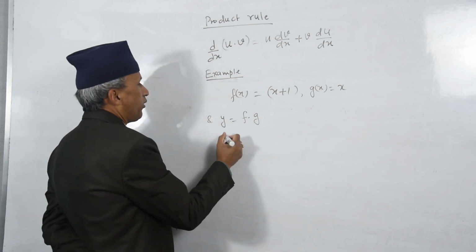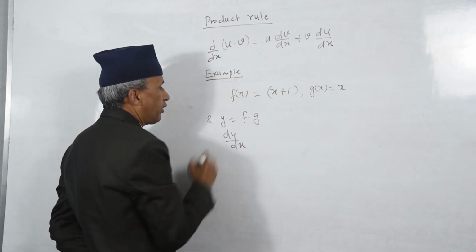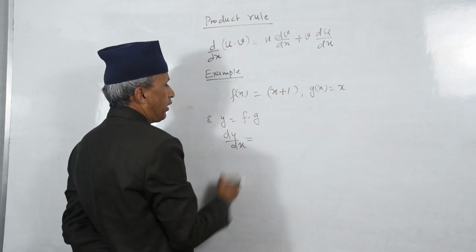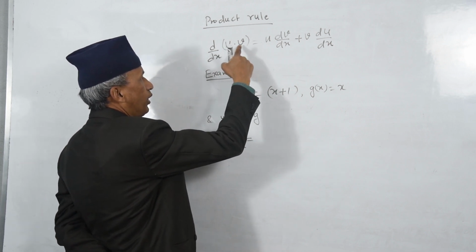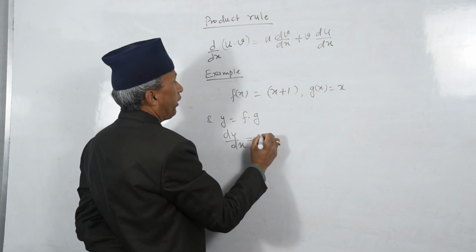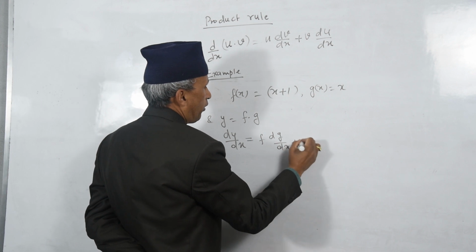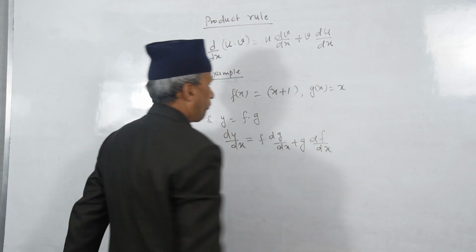So you can find dy by dx very similar to this. If you take f instead of u and g instead of v, similar things will happen: f dg by dx plus g df by dx.